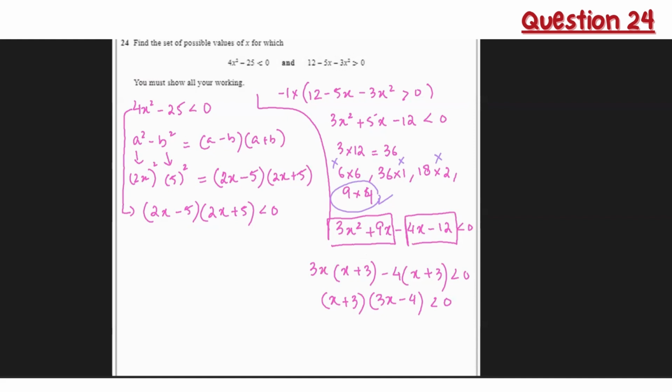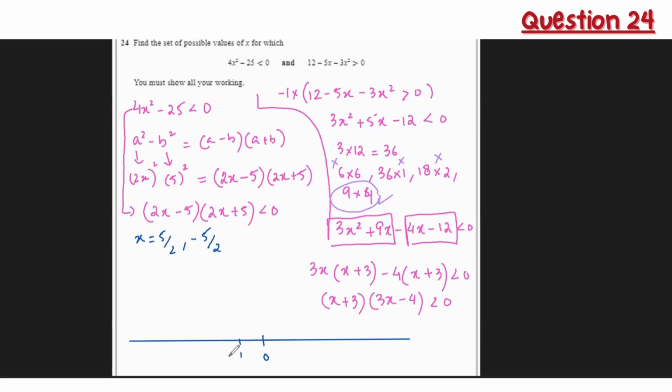Now to understand these two inequalities, I'm going to draw a number line. On this number line, we have values of 5 over 2 and negative 5 over 2, which is basically positive 2.5 and negative 2.5.